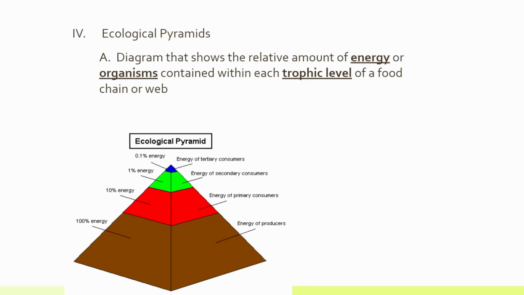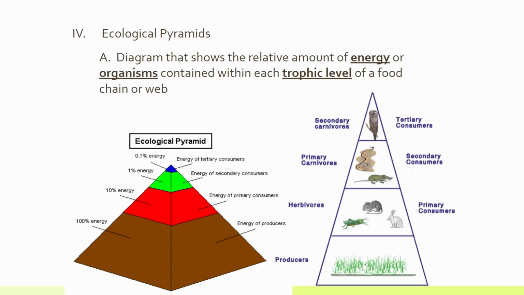Here we're looking at the amount of energy transfer from the producer level at the bottom, where we see 100% of the energy that's going to make it into a food chain or web, and how it decreases as we move up to that top trophic level, or the fourth or fifth consumer. And energy of tertiary and quaternary consumers is going to be less than those of producers, again, that are directly getting that energy from sunlight conversion into chemical energy.